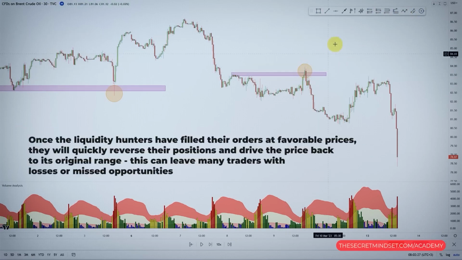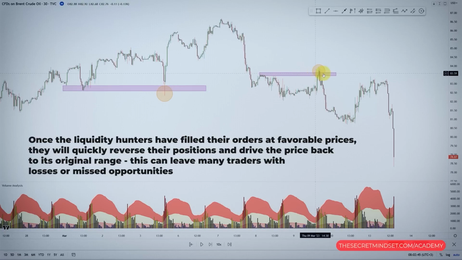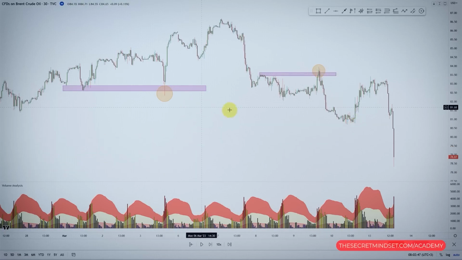Once the liquidity hunters have filled their orders at favorable prices, they will quickly reverse their positions and drive the price back to its original range. This can leave many traders with losses or missed opportunities, while the composite man profits from the price swing. This is one of the main strategies used by smart money to make money. Liquidity is the third component in your smart money trading plan.